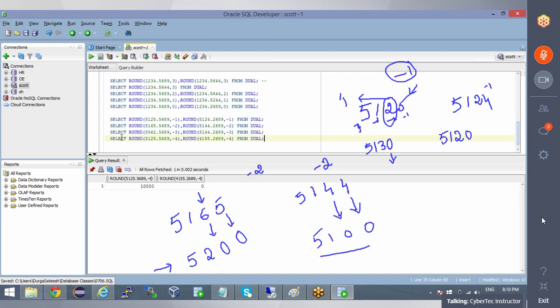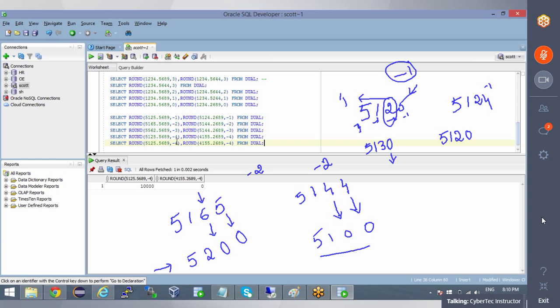Now if I give the value as -5, what happens here? When I say -5 and execute this, the result is 0 because I do not have 5 digits before the decimal. I cannot assume another digit before the decimal. So all these 4 digits are 0. There is no fifth digit, so the entire value would be 0.